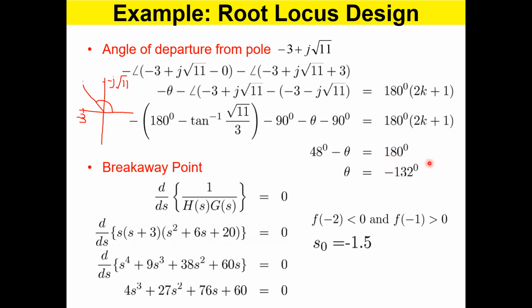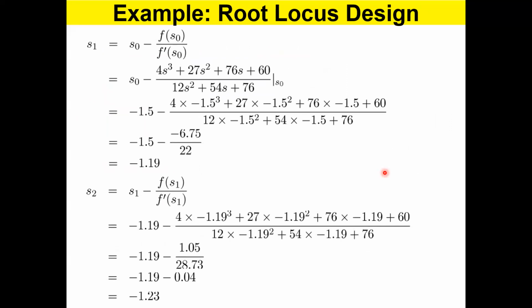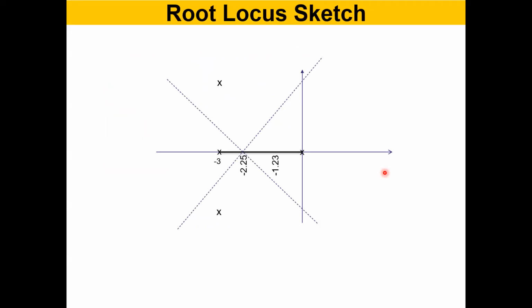Okay, so this can be a bit confusing if you do not concentrate fully on what is happening. So theta is minus 132. So minus 132 is something like this way.